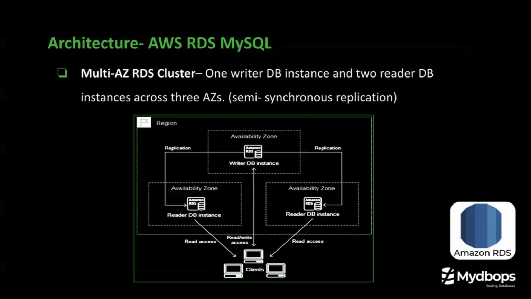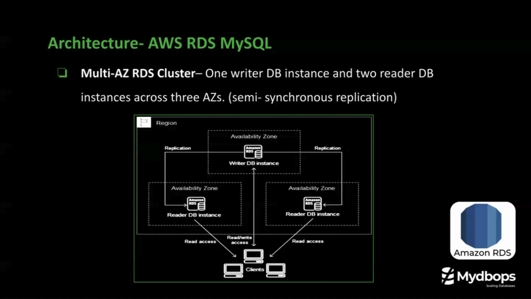Here your data is replicated using semi-synchronous replication as it's a cluster setup, so you can be assured of your data consistency. As in the multi-AZ standby feature, in case of a node failure, AWS performs an automatic failover if your primary instance fails. People who need both high availability and better read performance can go with this RDS multi-AZ cluster.